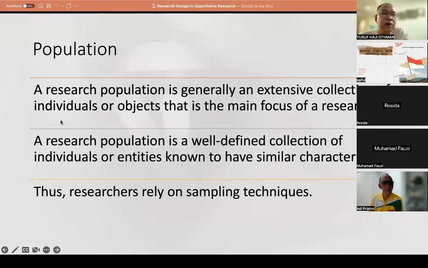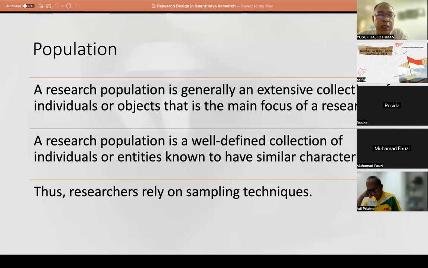Population of the study or research population is generally an extensive collection of individuals or objects that is the main focus of a research. That is the population of the study.